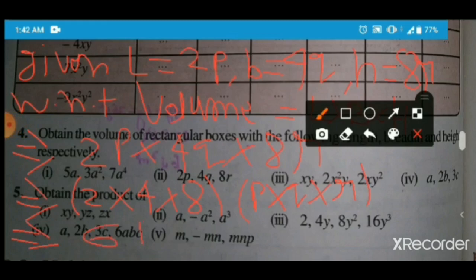So it is 64, and p, q and r, all these three are different quantities. So we can write the product of these three like this. It is pqr. This is our answer of part second of question number 4, 64pqr.